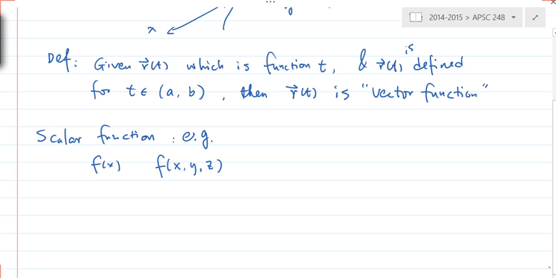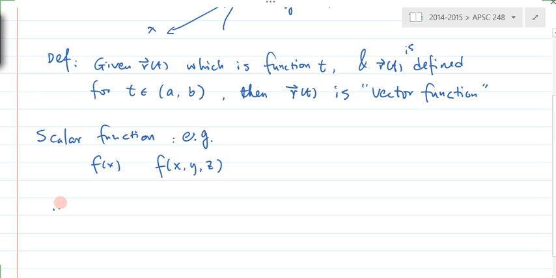Now let's look at some operations regarding this vector function. In the scalar function, we have learned derivatives and integrals. We have similar operations for vector functions.